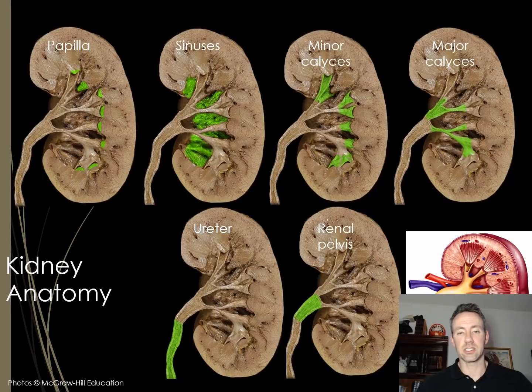And again, you'll see some sort of connective and fatty tissue in there, but that's also the region where arteries and veins are entering and exiting, where the calyces are coalescing to form the ureter, and where the nerves would be entering. The minor calyces are labeled over here, which you can see just underneath the pyramids. They coalesce to form major calyces, and the major calyces coalesce to form the renal pelvis, which you can see down here, and then finally that becomes the ureter.